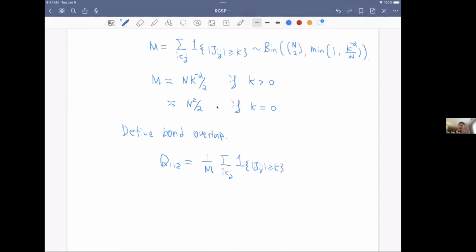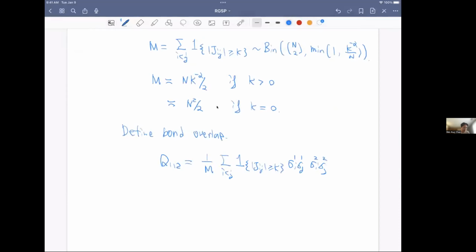So I want to compare the similarities of the spins on the edges, right? So here I should put sigma i, sigma j. This is the first spin configuration, and there is also sigma i, sigma j, and this is the second spin configuration, right? This is my bound overlap.